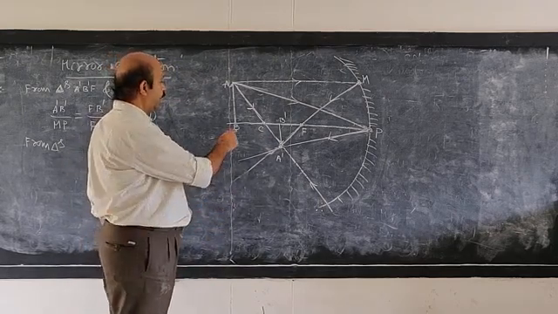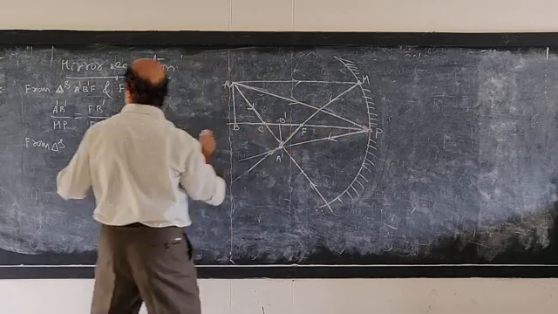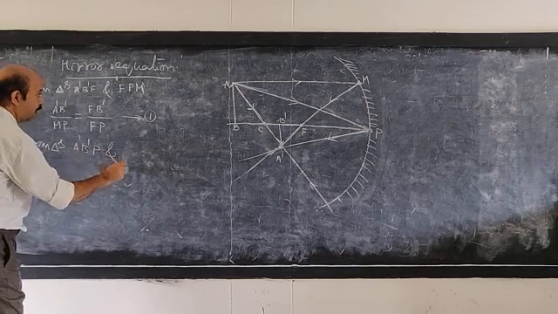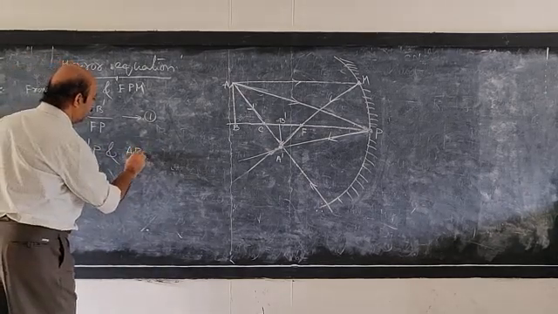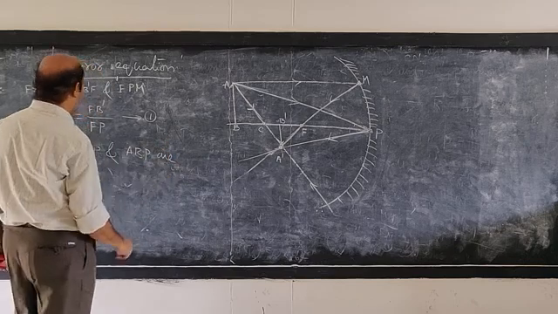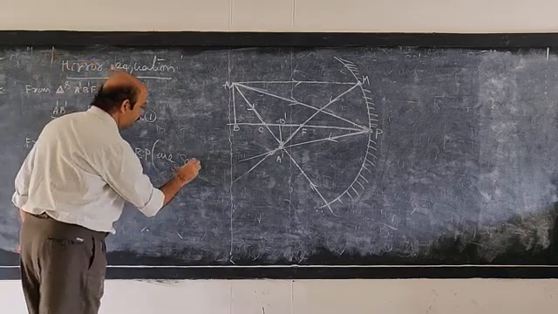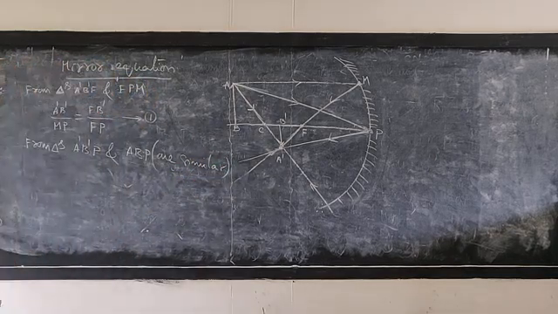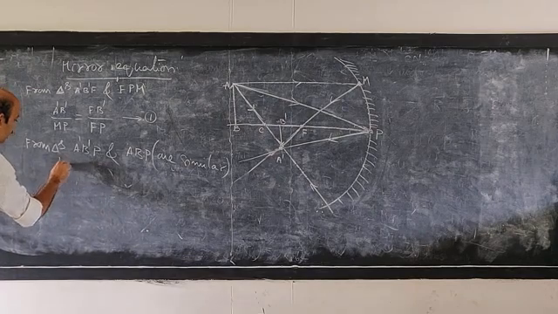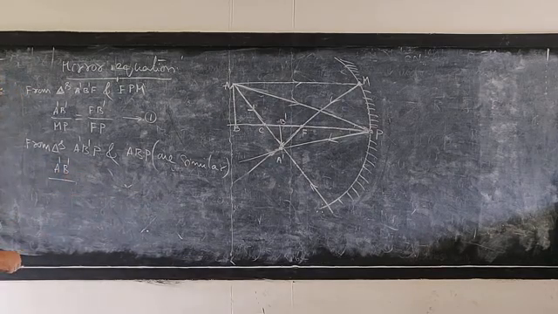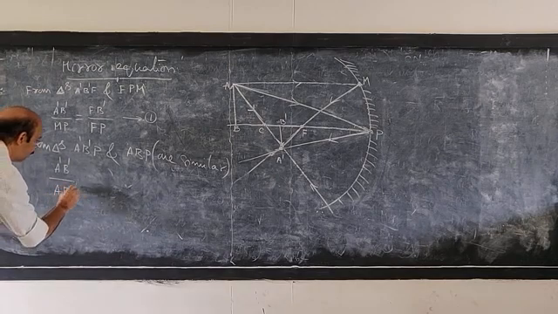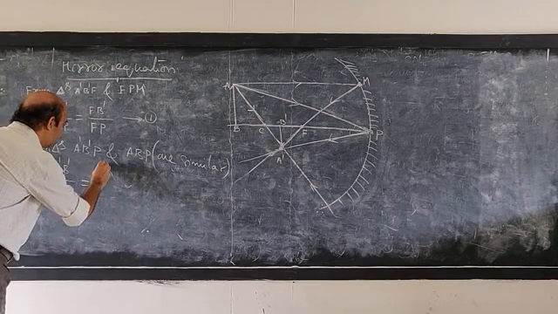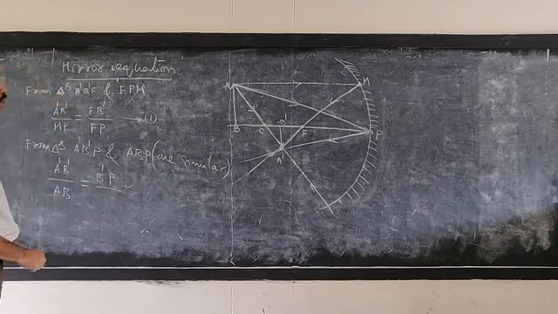Therefore, we can say that A dash, B dash, P and ABP are similar. Therefore, I can write: A dash, B dash by AB is equal to B dash P by BP.